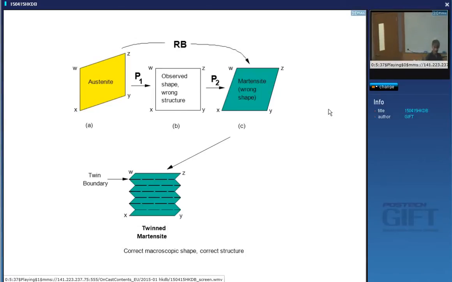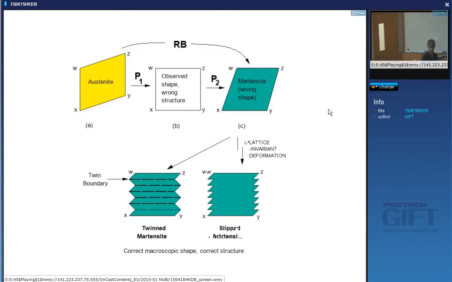So this was predicted before it was observed, right? But it's not necessary just to be twin. You can also slip this crystal periodically, and what you would observe in a transmission electron microscope is a set of steps, slip steps. So macroscopically the shape is correct and the crystal structure is correct.